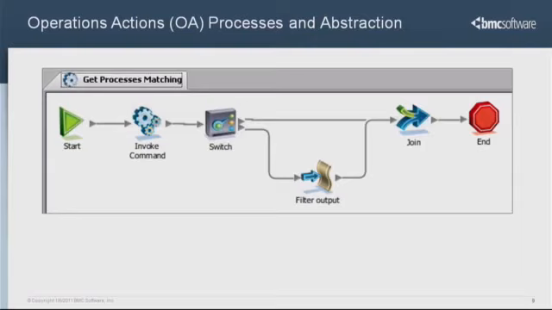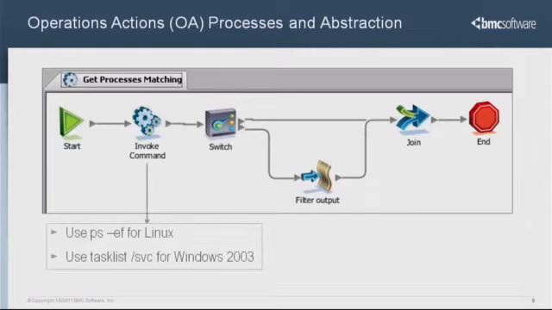Another characteristic that we have within the processes is what's referred to as operations actions. The operations actions, or OAs, are processes that are designed with a level of abstraction. Here, for instance, we have an example of a process that is used to automate the retrieval of a process list for a user. Now, different operating systems have different ways in which they would retrieve this information.